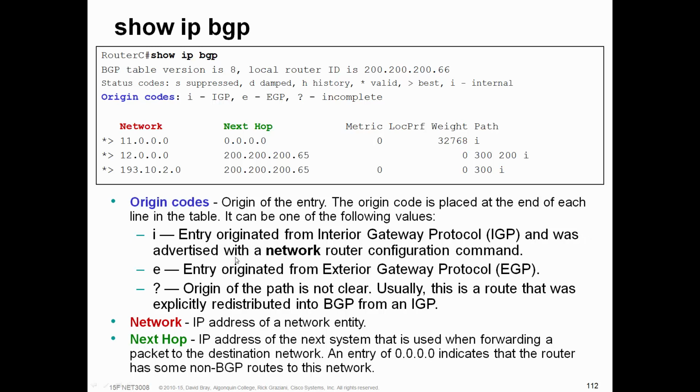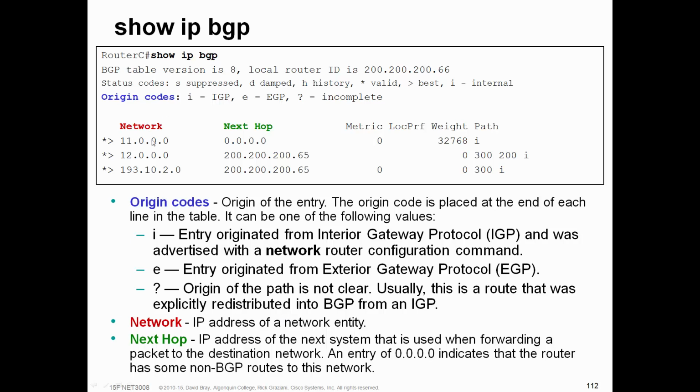In other words, it was announced into BGP using a network command. An E would show that the entry originated from EGP, which is a very old, outdated protocol. You rarely see that now. A question mark as an origin shows that the path was announced via redistribution into BGP, because the question mark basically says we can't tell the origin of this other than it was brought in explicitly.